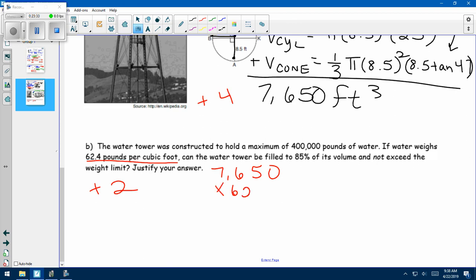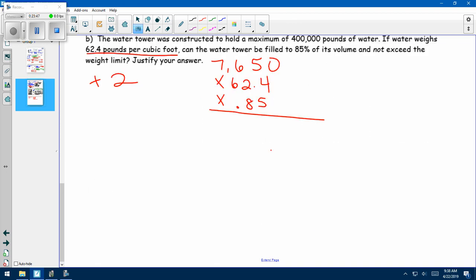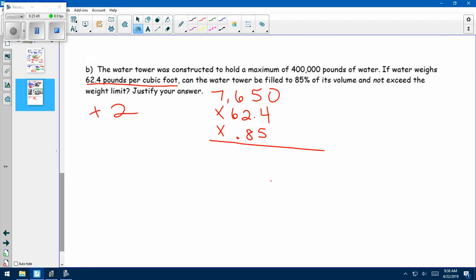So that's going to be the weight of water if the entire water tower was filled. But one last component is if we only want it to be filled 85%, multiply that by 0.85. You can do this all at once, or in separate steps, but this would be the entire weight of the water tower filled to 85% of its max capacity.